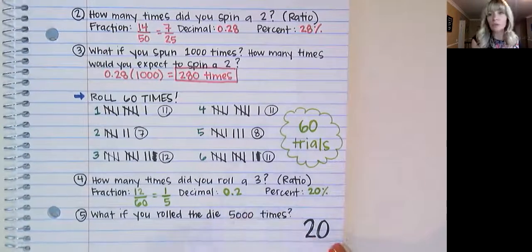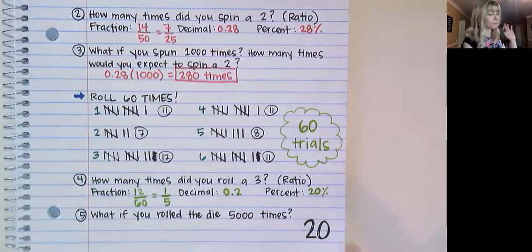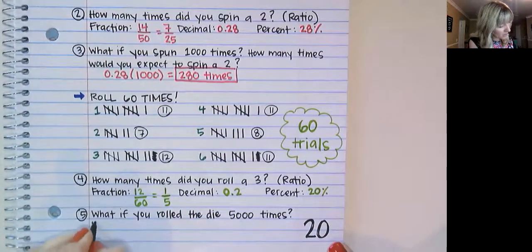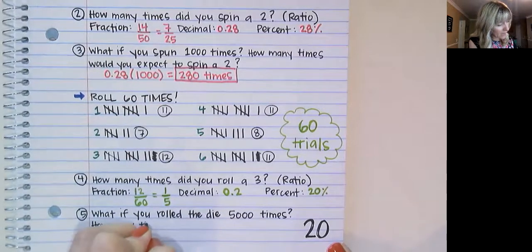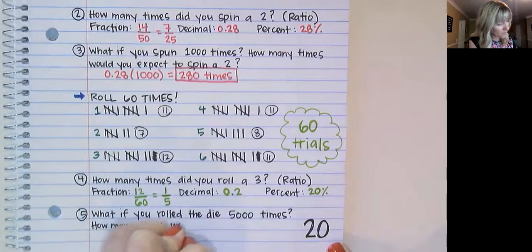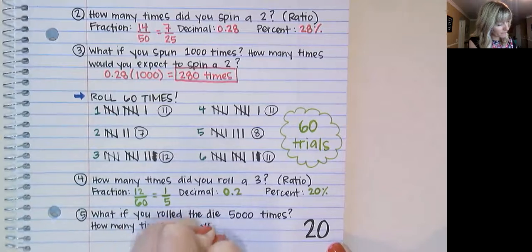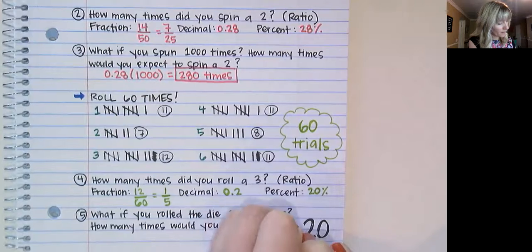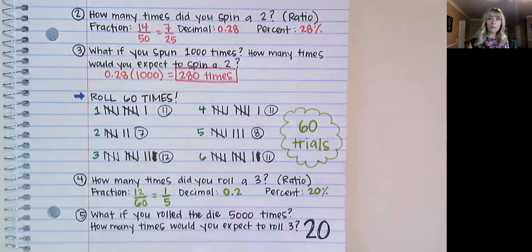Again, I don't want to do that actually, so I'm going to use my experiment that I already ran to make a prediction of what would happen. How many times would you expect to roll a 3? I'm going to use my information up here to help me make a prediction.